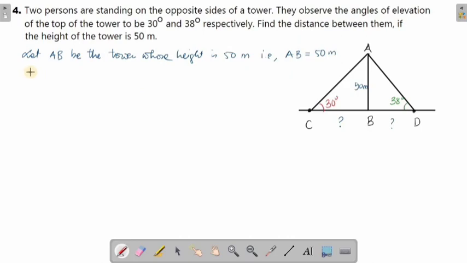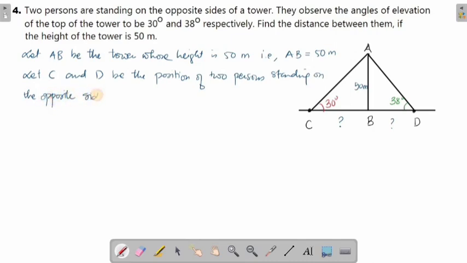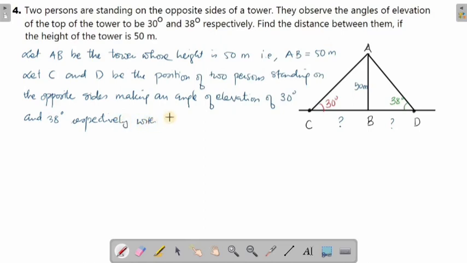So let C and D be the position of two persons standing on the opposite sides, making an angle of elevation of 30 degree and 38 degree respectively with the top of the tower.